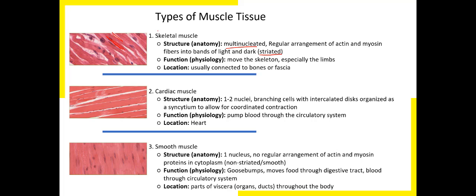And the function of skeletal muscle is to move the skeleton. They're often connected to bones, so they help to move body parts as well as our body as a whole. Skeletal muscles are usually connected to bones, or in the case of our face, they're connected to the fascia.